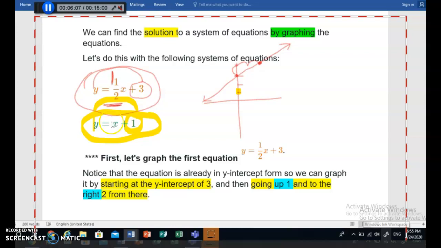Okay, guys, do you remember? There's actually an invisible 1 right here. The invisible 1 is actually 1 over 1. Go up 1, and then over 1, 2.